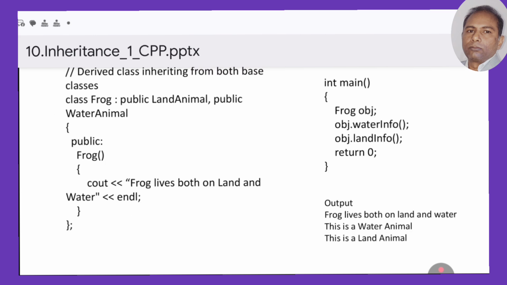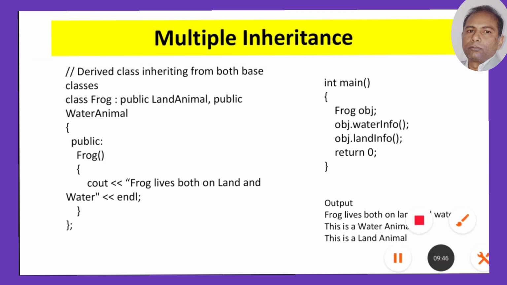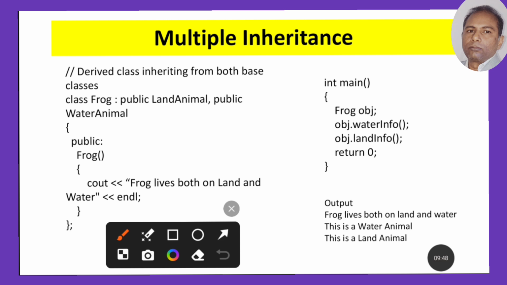Now if we want to make the multiple inheritance, what we have done here is made one class, that is the frog class. Now in the frog class we are deriving the features of public land animal. Means this is the parent class here, and again we are writing public water animal. So this is again the parent class.